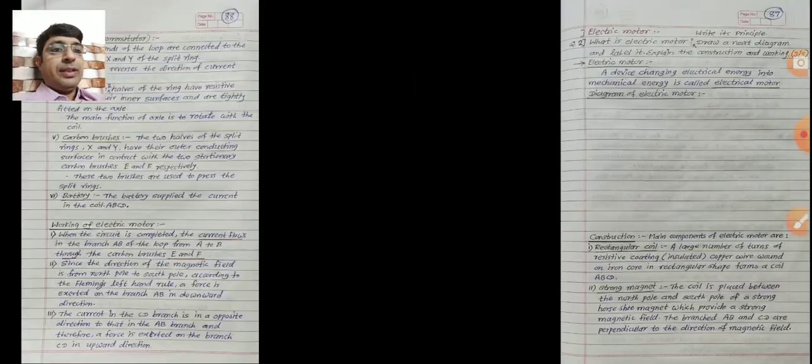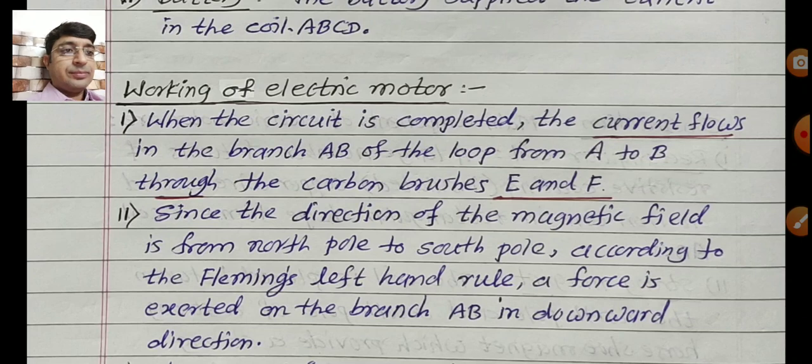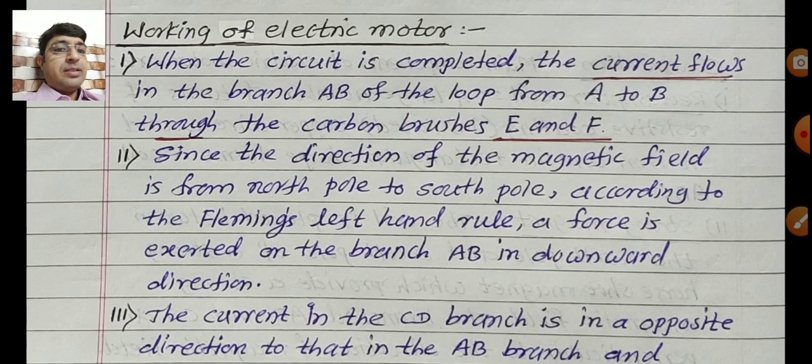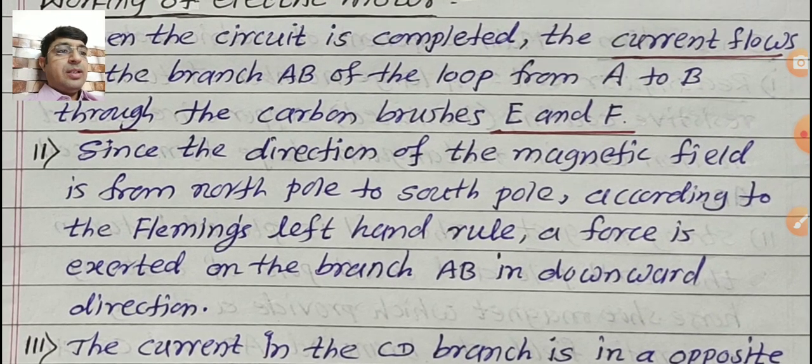Next, now working of electric motor, few points are given here. First point, when the circuit is completed, the current flows in the branch AB of the loop from A to B through the carbon brushes E and F. Second point, since the direction of the magnetic field is from North Pole to South Pole, according to Fleming's left-hand rule, a force is exerted on the branch AB in downward direction.